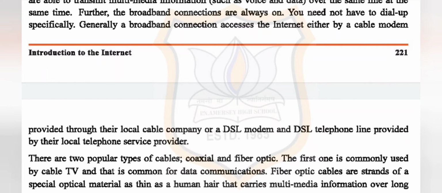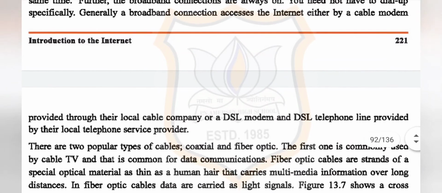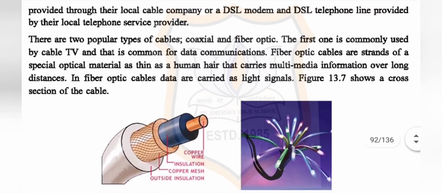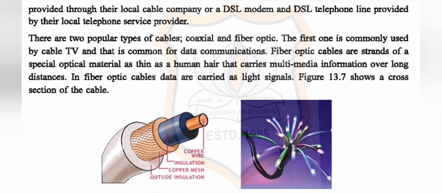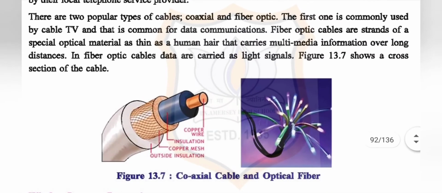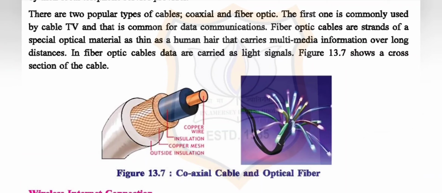Generally, a broadband connection accesses the internet either by a cable modem provided through their local cable company or DSL modem at a DSL telephone line provided by their local telephone service provider. There are two popular types of cable, coaxial and fiber optic. The first one, coaxial, is commonly used by cable TV and that is common for data communication.